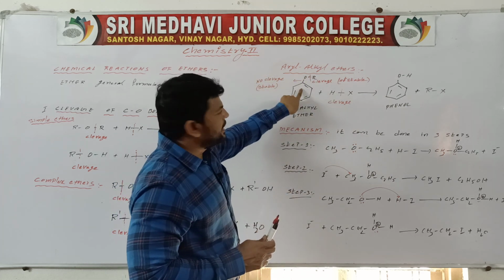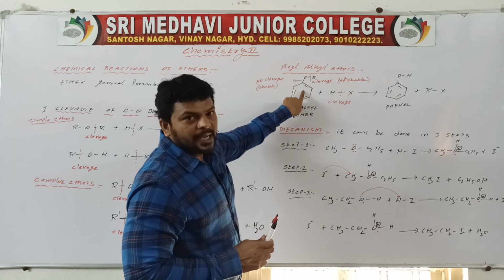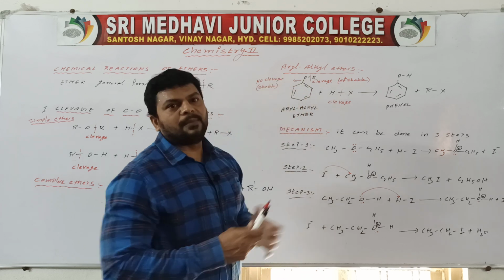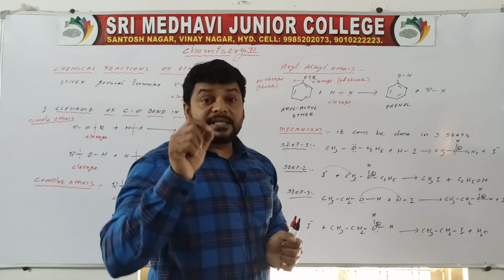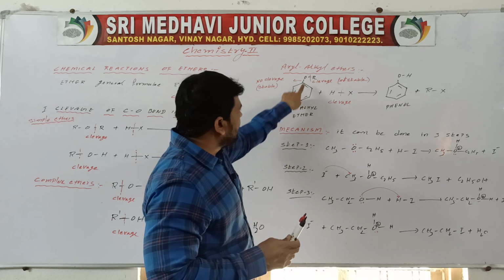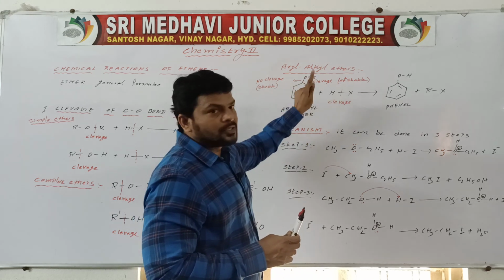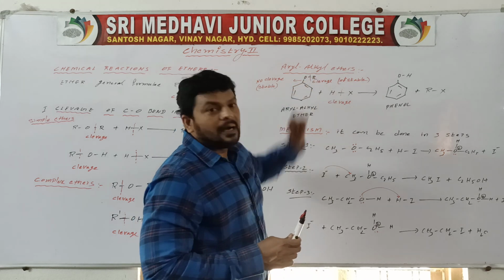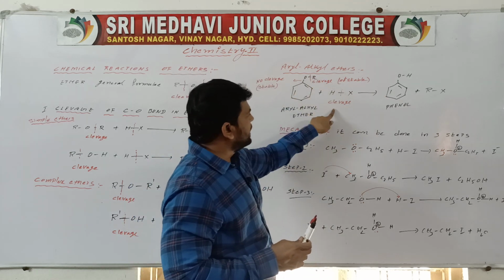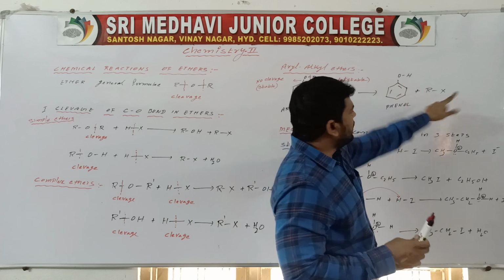Here there is no cleavage between the phenyl group, the aromatic ring, and oxygen. Why? Because it is stable. Due to the resonance structure, phenoxide is stable, so there is no chance to cleave the aryl and oxygen bond. Here you have a chance to cleave the oxygen and alkyl group, so cleavage can take place, and then phenol and RX are formed.